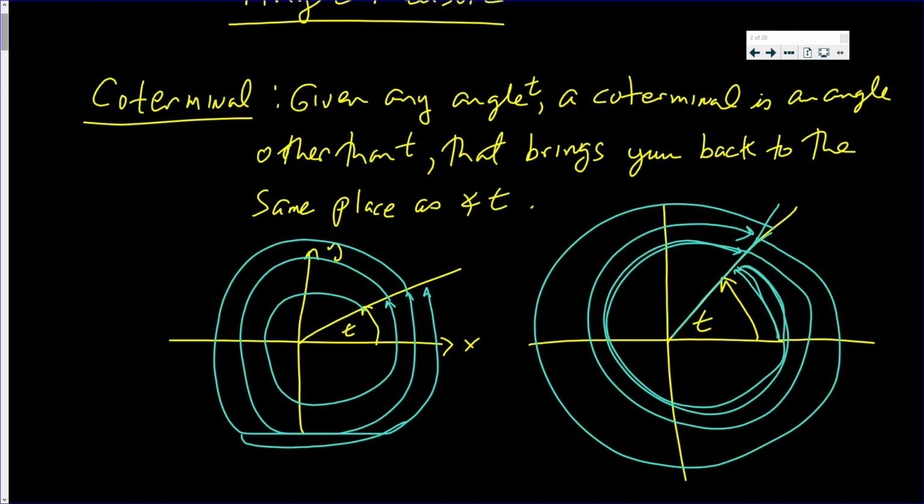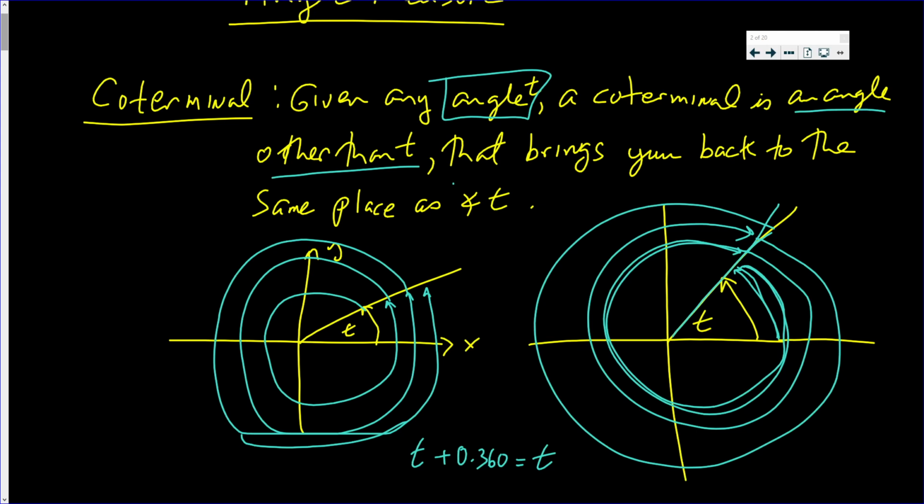So basically, you can take angle t and add or subtract any multiple of 360 you like, except 0. If you take angle t and add 0 times 360, you get back t, and it won't be a coterminal, because a coterminal is an angle other than t that brings you back to the same place.